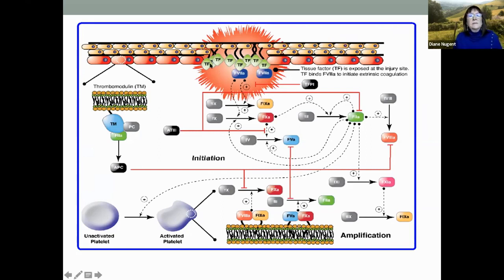And this green little thing here is a really important substance that is in the wall of the blood vessel, and that's called tissue factor. And as soon as that tissue factor is revealed, the clotting system takes hold.